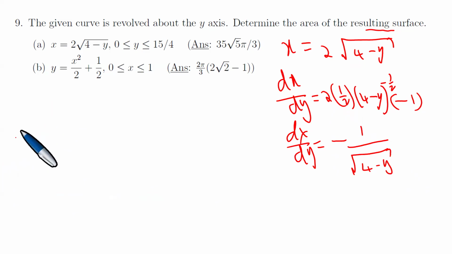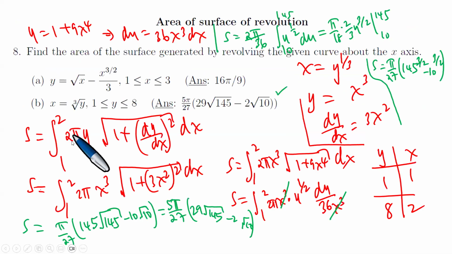We want the area of the surface. So now it is the area of the surface of revolution, and we know very well that it was given by this particular expression there.